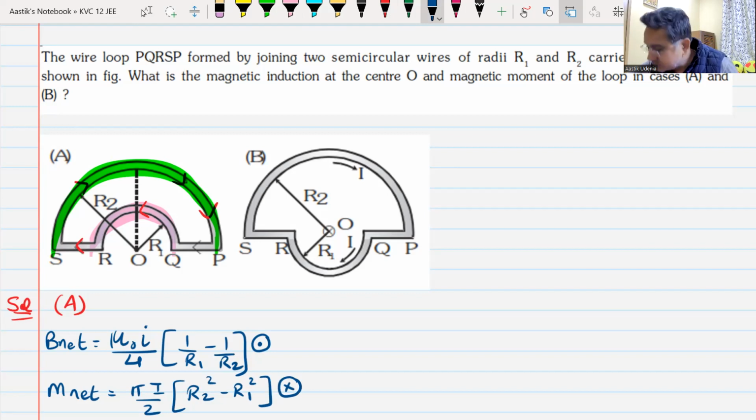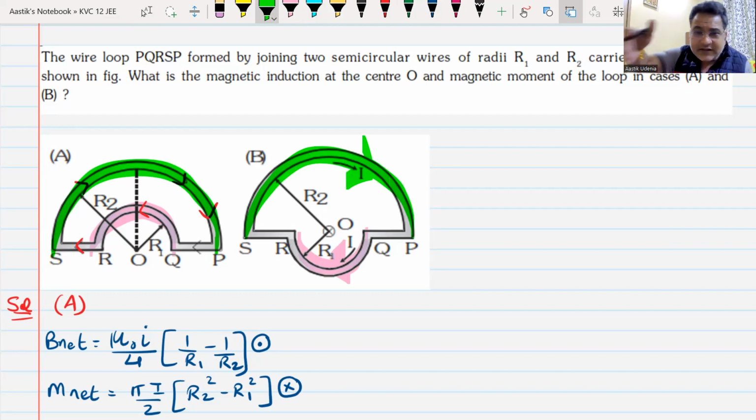If I move on to section 2, the magnetic field due to the blue wire or pink wire and green wire, and the magnetic moment due to all of this, everything is getting added up. Yes or no? The magnetic moment is going in the inward direction and the magnetic field is also going inward.